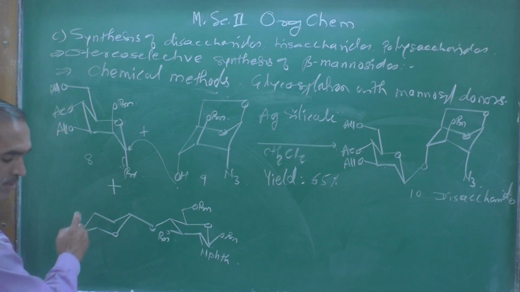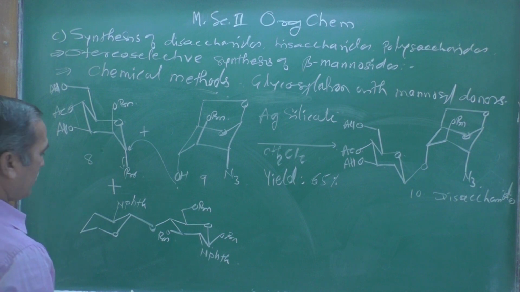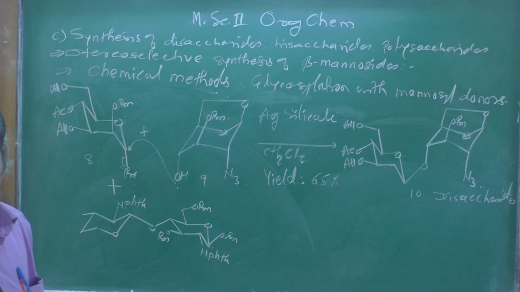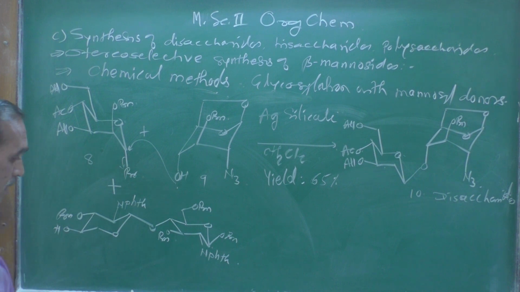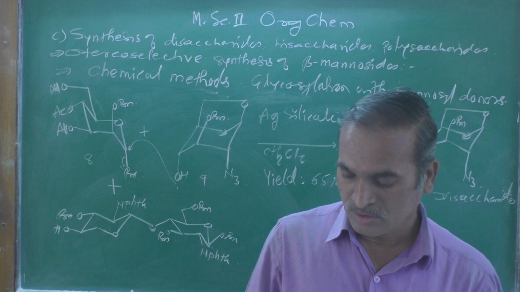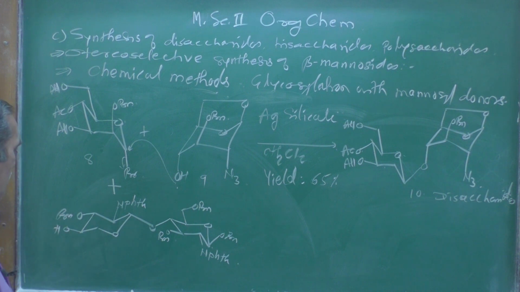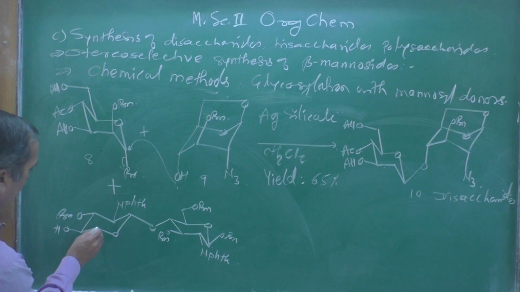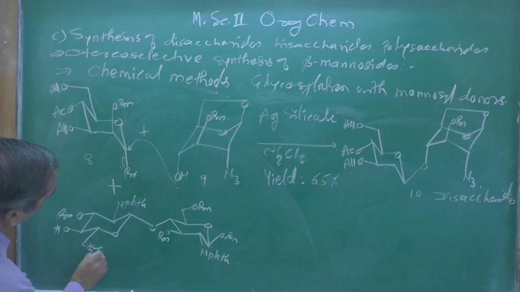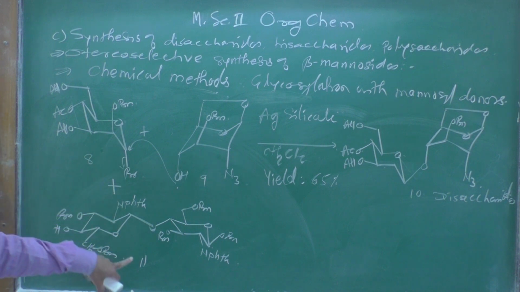At this position here NPhth we can write, and now at an equatorial position there is an O-benzyl group, and here the OH is kept free for getting the desired product, so that desired hydroxyl group is kept free over here, and another one here is CH2OBN, and this is structure number 11.